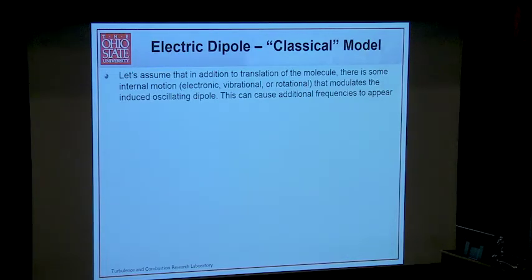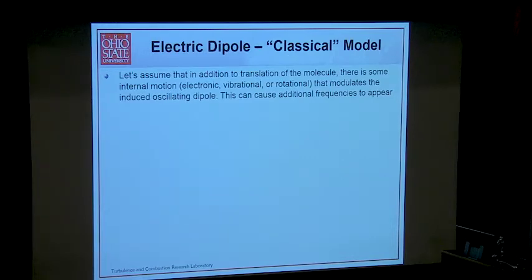So if we have no movement, we get an oscillating dipole, this emitting antenna, but now the actual motion of the molecule itself will modulate that movement. So we can put another frequency on top of that frequency. The oscillating dipole is at the frequency of the laser, whatever gigahertz the laser is at.